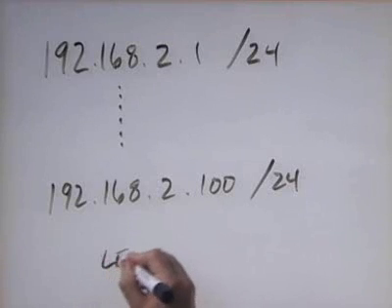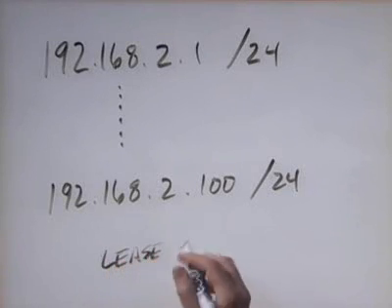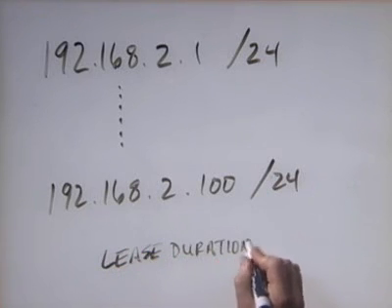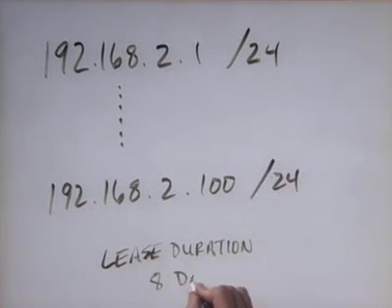Also, when you define a scope, you specify a lease duration. The default lease duration is 8 days. Well, in some cases that may be fine. In other cases you might want to adjust the lease duration. For example, let's say we've got computers that never move around. They're in the same location of the office at all times.